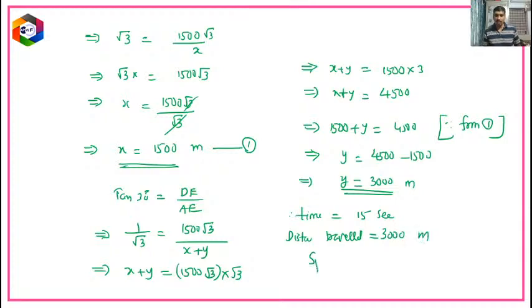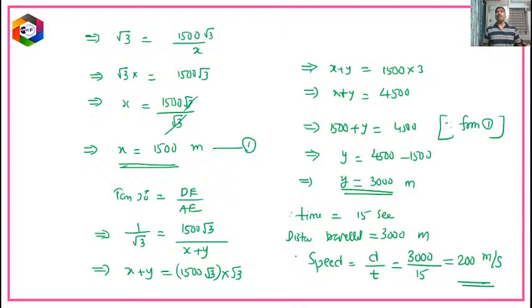Now the speed: distance is equal to speed into time, so speed is equal to distance by time. What is distance here? 3000 by time 15, so 15 200s, which is 200. The distance is in meters and time is in seconds, so the speed will be meters per second. So the speed of the jet plane will be equal to 200 meters per second.